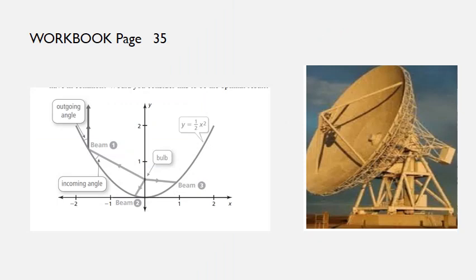Okay, so this is kind of how it works and why it's so special. And you can open your workbooks to page 35. You're going to see this picture here on the left. And what's happening is you're going to have a focal point, which is very important that you give. And the reason this works, so this example that you're looking at is for like a flashlight. So we're saying the bulb is here and it's shining light back onto the parabola.